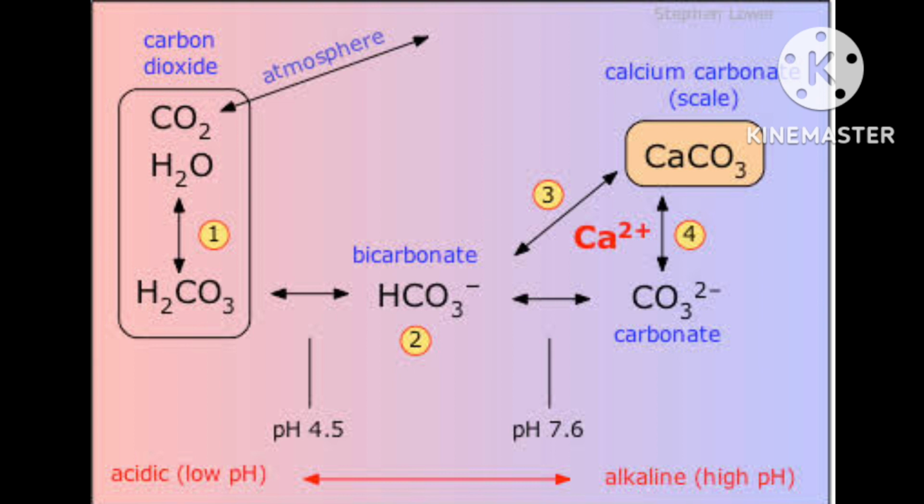And calcium bicarbonate on heating will convert to CaCO3 plus H2O plus CO2. Again carbon dioxide will go to the atmosphere and calcium carbonate will settle down, which you remove by filtration. After removing this, you will get soft water.